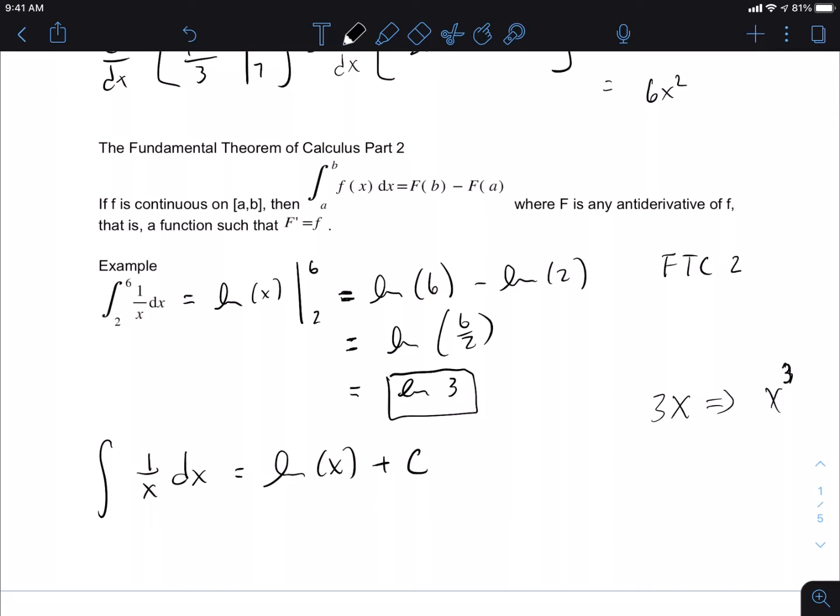Sorry, wait. You're saying x cubed. That doesn't work, right? Because x cubed would give us what? 3x squared. So going backwards, what's going to give me 3x squared? X cubed gives you 3x squared.